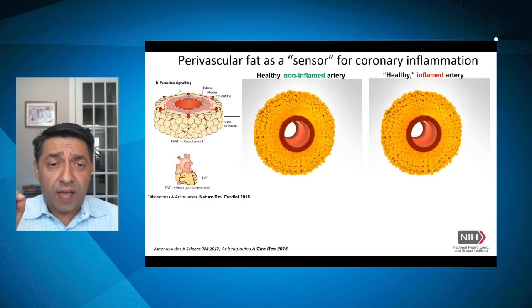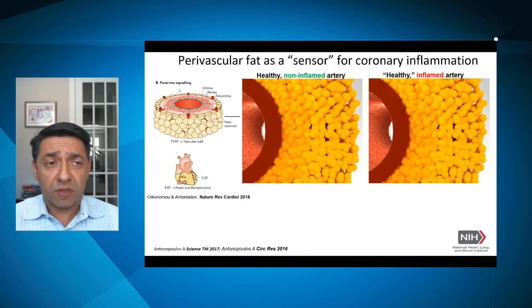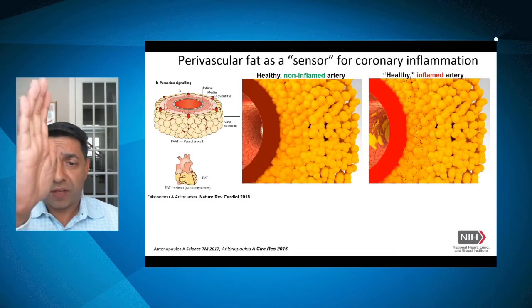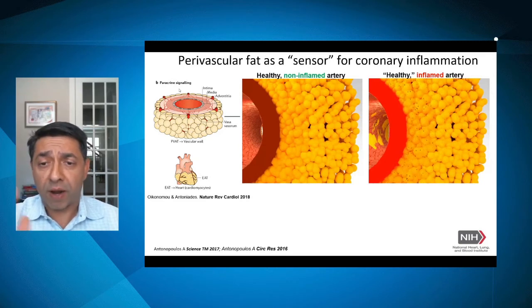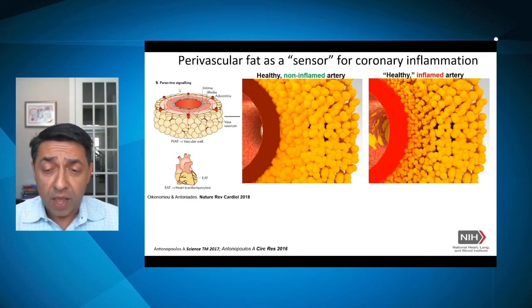So one of the things that we have been working on with Caristo is using the perivascular fat as a sensor for coronary inflammation. And shown here on the left is a healthy non-inflamed artery. There's no paracrine signals going out, as in on the right, where there's an inflamed artery.